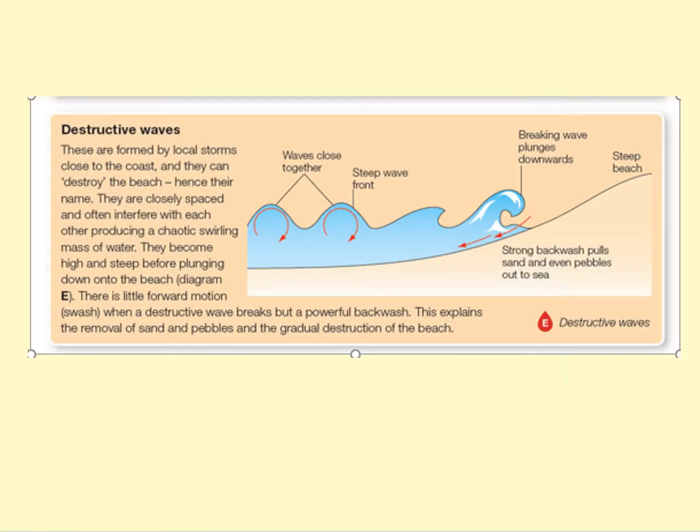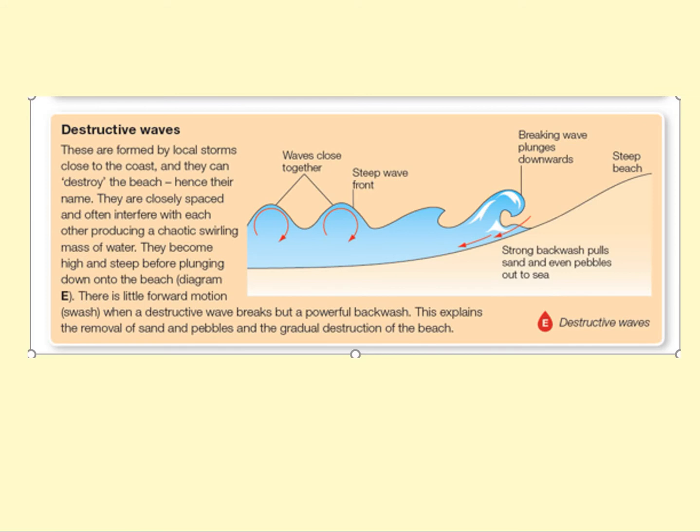Destructive, on the other hand, these can be formed by local storms or a very long fetch that the wave has been able to pick up a lot of energy. Now these actually destroy the beach. They're often closely spaced apart as opposed to constructive waves, which are wider, and they will have a weaker swash but a very strong backwash, which will actually bring the material back down the beach.